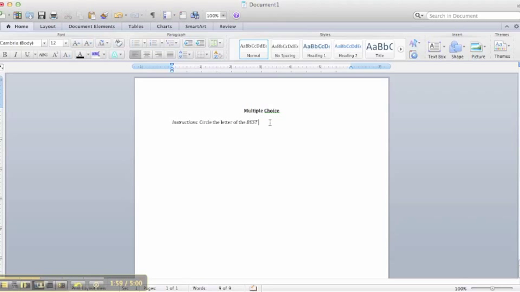But remember that these are guidelines that I'm giving you. And so if you feel like that's not appropriate to do with your 7th graders or with the particular content that you're using, for example, is there a best answer when they're solving a math problem? Generally, there's a correct answer. So think about your content, think about your students' developmental levels, etc. But you do need to say how they're indicating their response and which type of response, whether it's best or correct or whatever, they should be looking for.